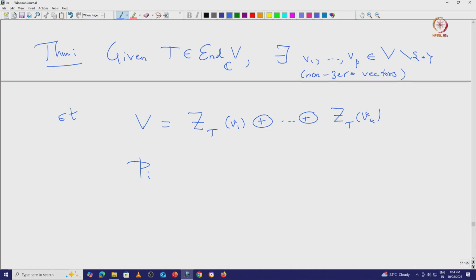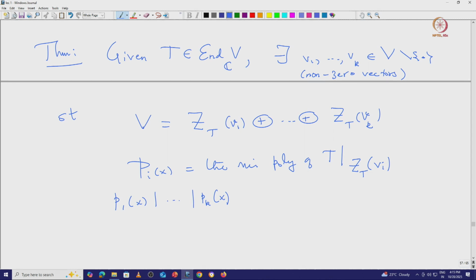If you call this Pi of x the minimal polynomial of T restricted to the ith cyclic subspace, then it satisfies the property that P1 of x divides P2 of x and so on, that divides Pk of x. P1 of x divides P2 of x, etc.